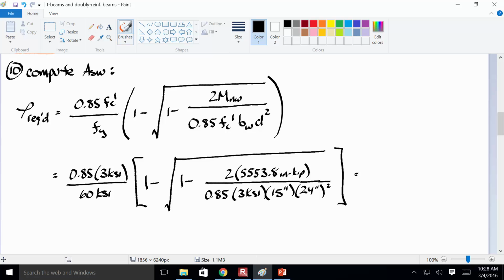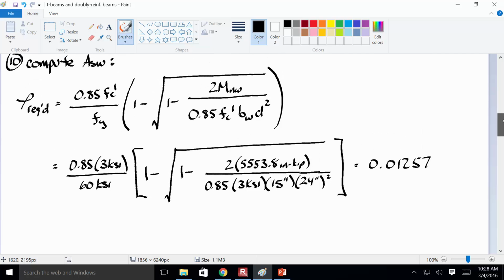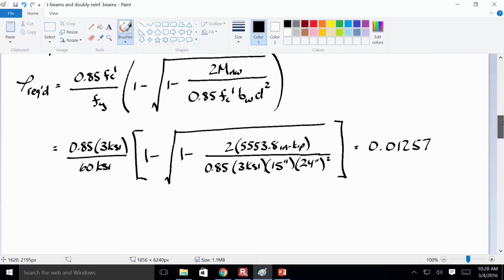Okay. I'm going to make you all do this one. All right, so that's our reinforcement ratio. Therefore, the area of steel for the web is rho.